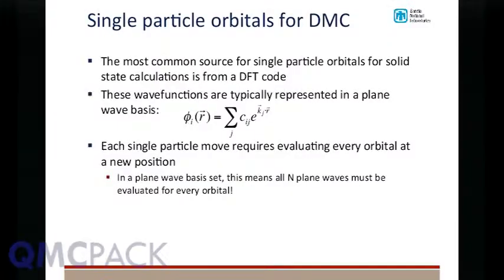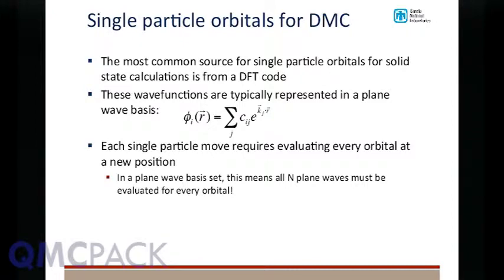The most common source for single particle orbitals in a condensed matter calculation is going to be a DFT code, and typically we've favored plane wave DFT codes for this. So you've got some representation of each single particle orbital in terms of hundreds, thousands of plane waves, right? If I want to move a particle from one point in real space to another in a plane wave representation, I have to actually evaluate all of these basis functions, which is really bad for Quantum Monte Carlo, right?